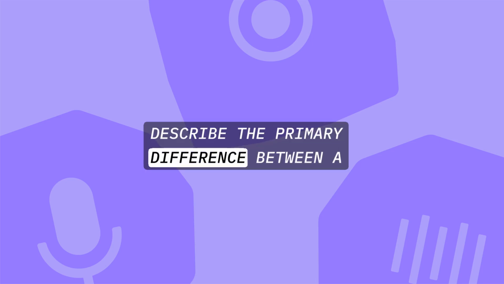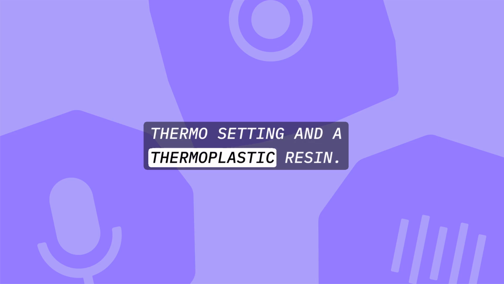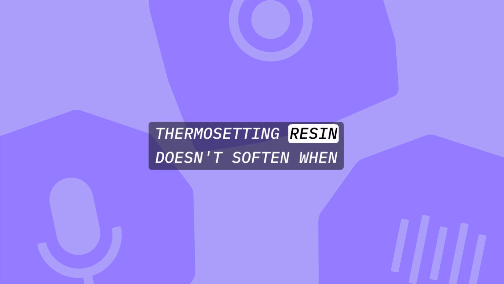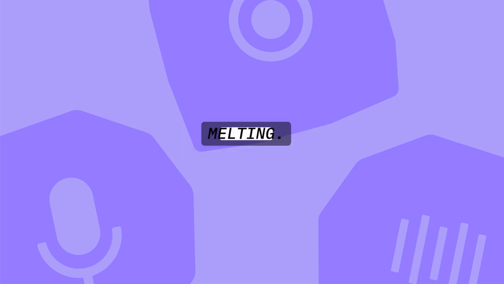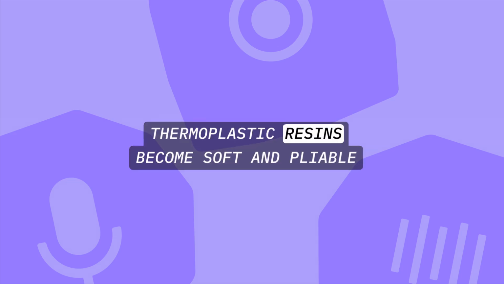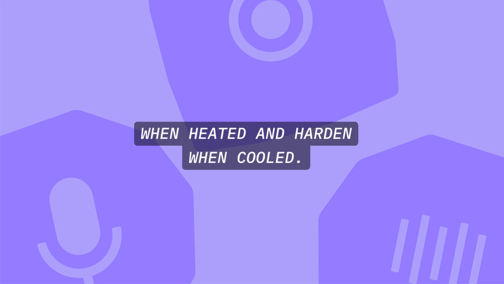Describe the primary difference between a thermosetting and a thermoplastic resin. Thermosetting resin doesn't soften when heated, and chars and burns rather than melting. Thermoplastic resins become soft and pliable when heated, and harden when cooled.